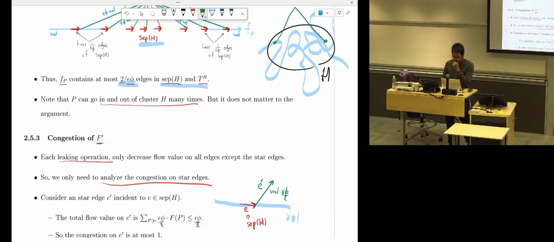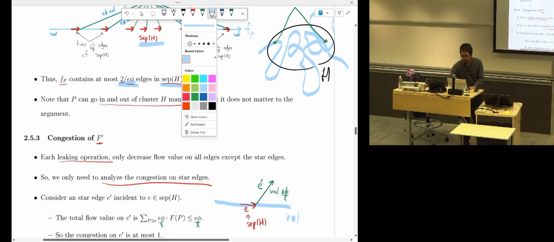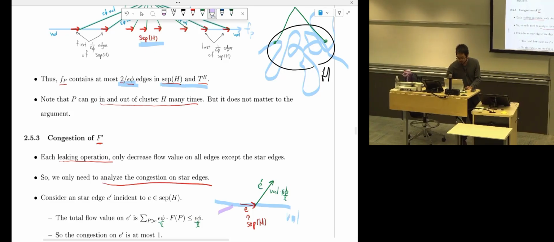And there's going to be maybe another flow with val prime, which we're also going to lead to the star.